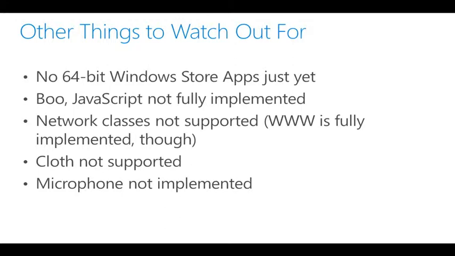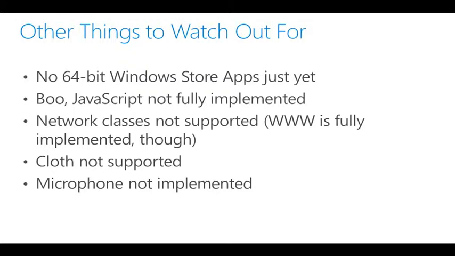Most of these mobile devices are. That may change in the future, but for now, 32-bit on RT, and until we get it implemented, 32-bit on Windows 8. The other one, as Corey mentioned a few minutes ago: JavaScript and Boo are not currently supported for submitting to the Windows Store. They do run locally, and we're working on getting them WACK compliant, but at the moment it's C# only for shipping your app.